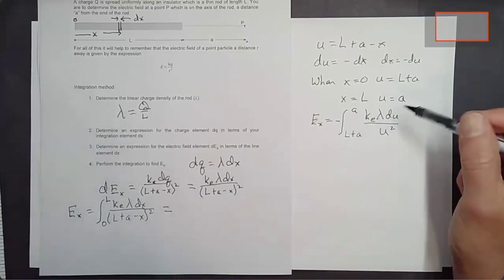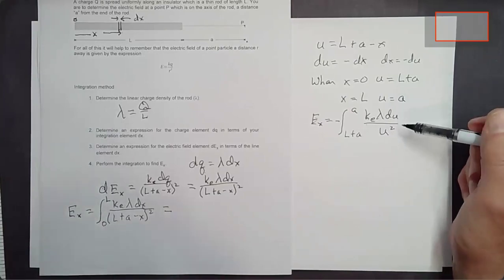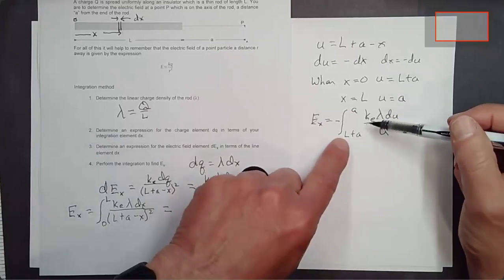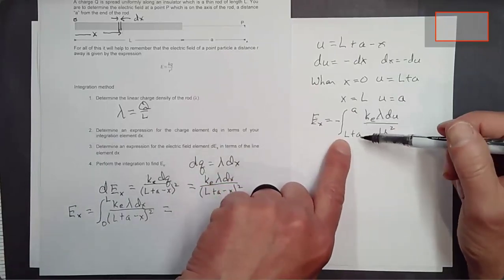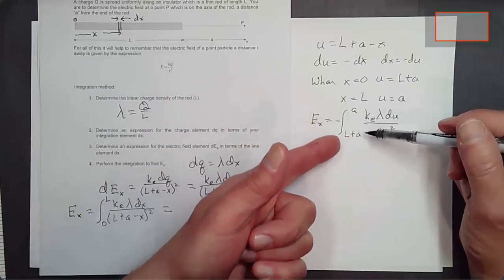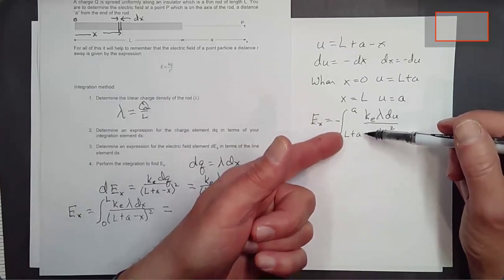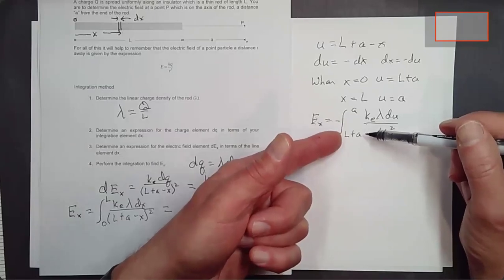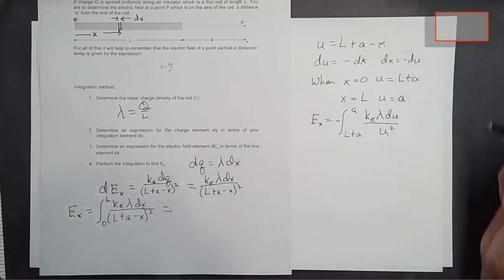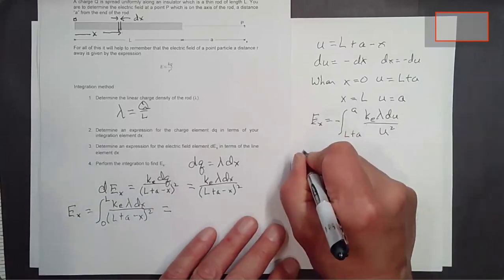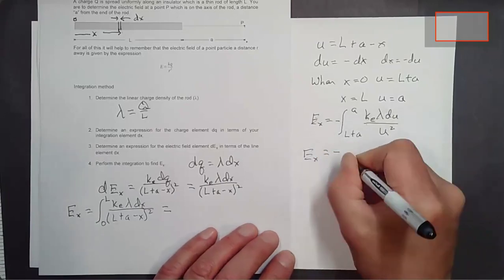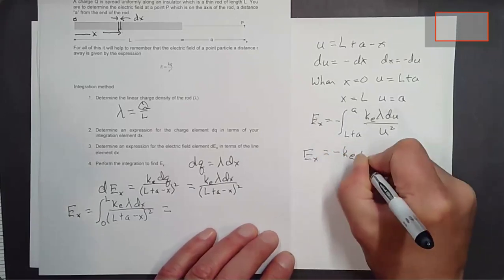So at least it's a simple integral now, like it was when I did this Monday. But actually I could do it this way. I think I will. This is sort of integrating backwards. I'm going from L plus A to A, but that's okay. Should be legit. So my E sub x would equal minus K sub E lambda.